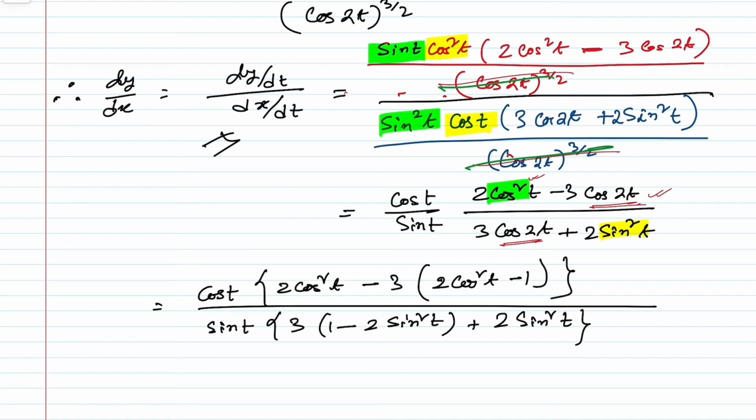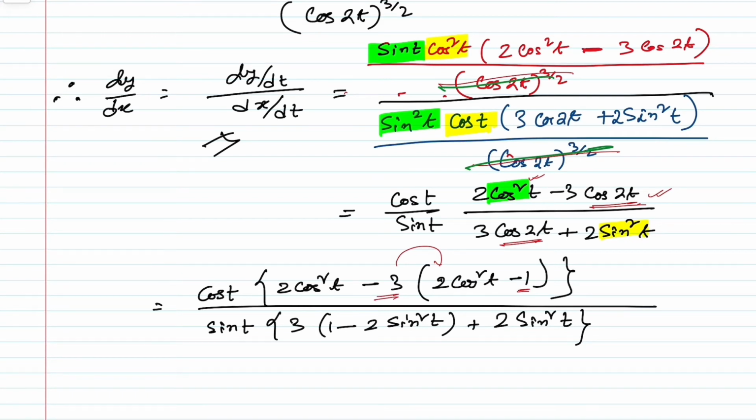If you simplify this, multiplying here it will be 6 cos square t, and here 2 cos square t. 6 minus 2 will be 4, and here minus 1 times minus 3 gives plus 3.